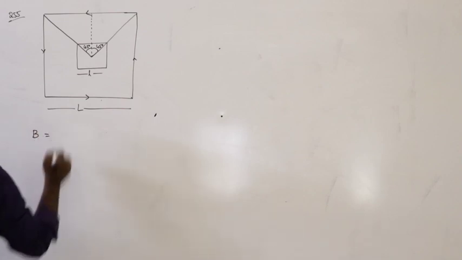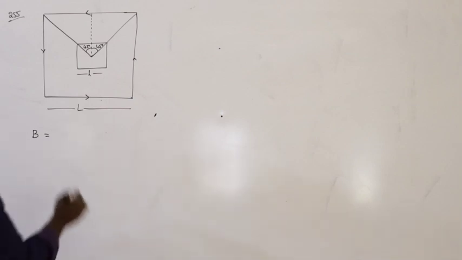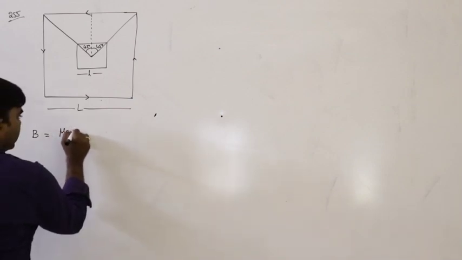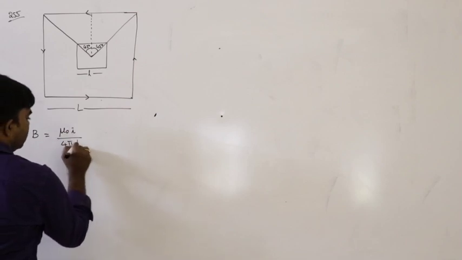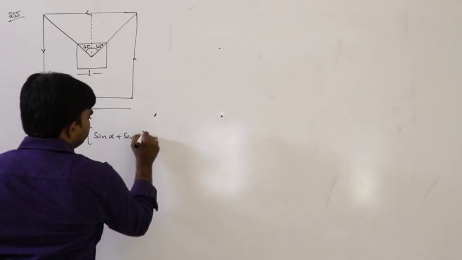Generally, the magnetic field due to a straight current carrying conductor of finite length, what is the formula? Mu naught I by 4 pi d into sin alpha plus sin beta.